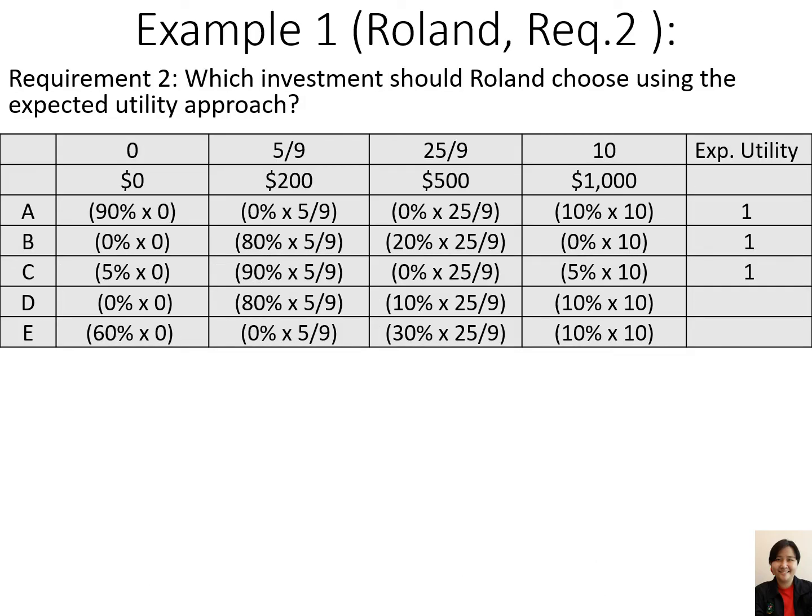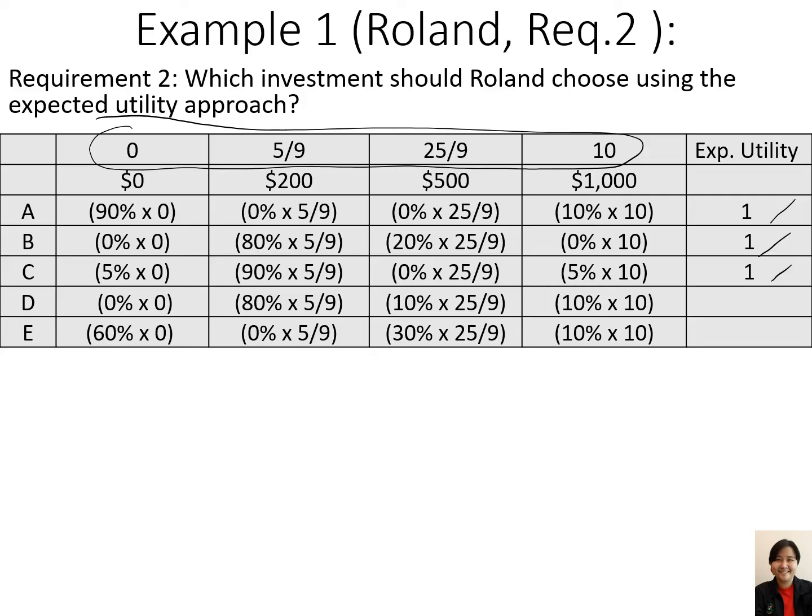Let us now move on to requirement 2. Which investment should Roland choose using the expected utility approach? Now that we already know the utility values of all the payoffs here, we just multiply the probabilities with these values. We already know from the previous slide that the expected utility of A, B, and C is 1.